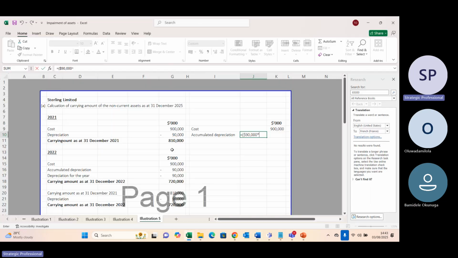Yes, exactly. They acquired the assets in 2021, and the examiner is telling us that we should get it as at December 2025. That's 2021, 1, 2022, 2, 2023, 3, 2024, 4, 2025, 5. So that's 5 years.